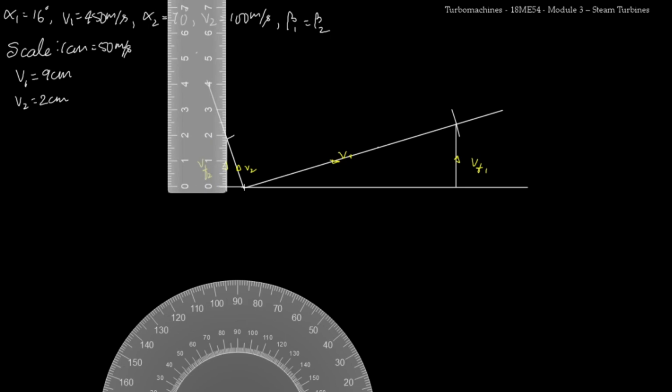Here I'll just explain the concept. Here we have two triangles. Now I know this angle, so if I have to complete this, we'll have a triangle like this. Now I know these two angles are same, beta 1 and beta 2 here.